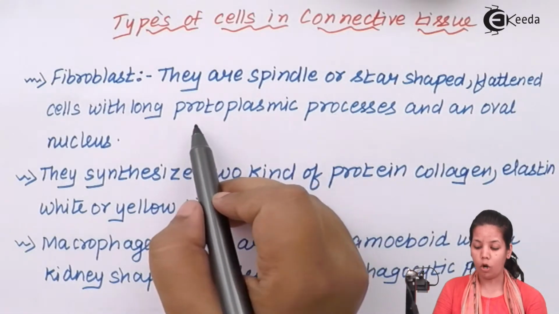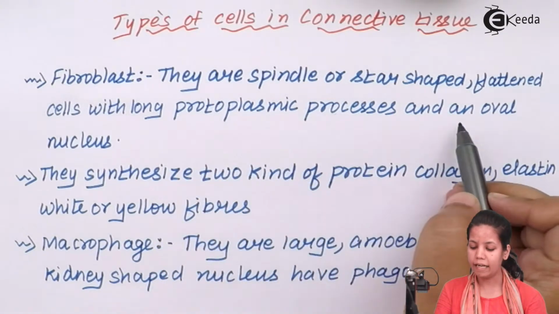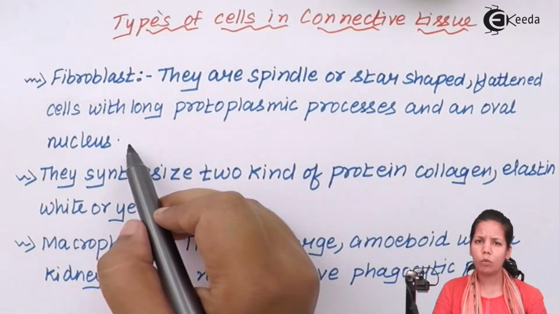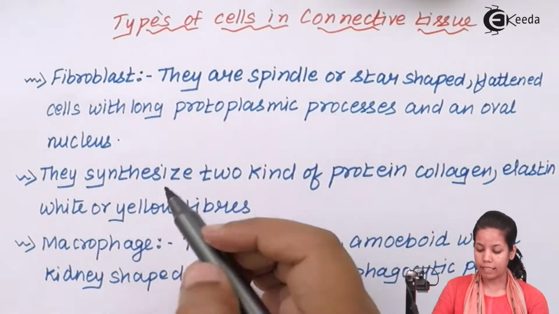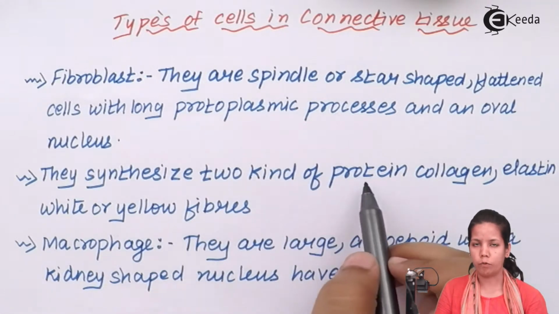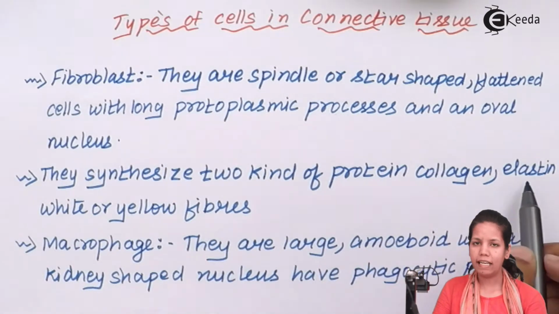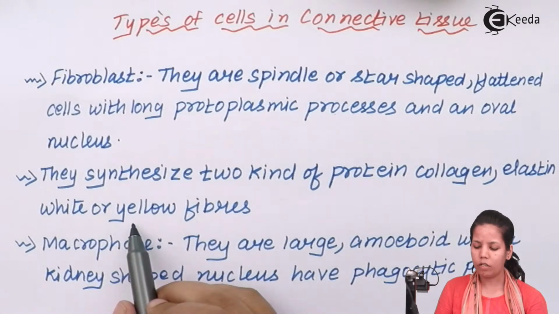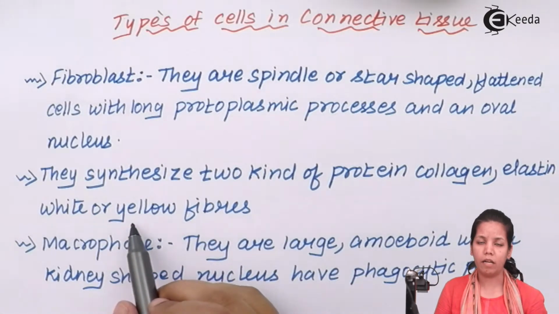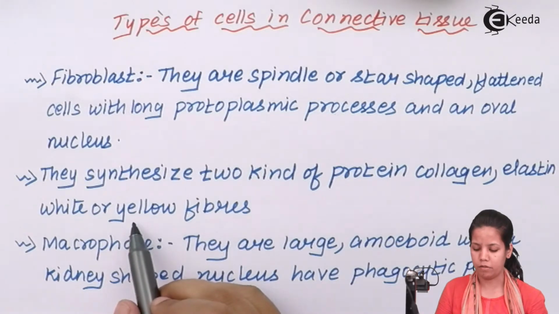With long protoplasmic processes and an oval nucleus which is always centrally located, they synthesize 2 different kinds of proteins. These 2 different kinds of proteins are collagen and elastin, which basically give a structure its firm, grounding and elastic nature, which would be your white or yellow fibers respectively. They are sometimes even called white or yellow fibers.